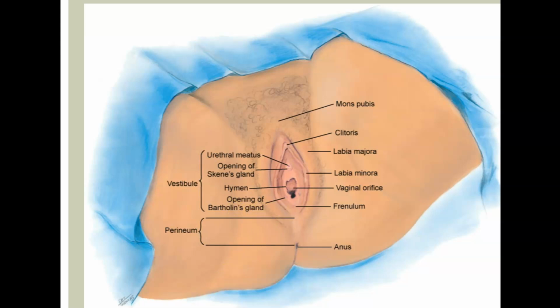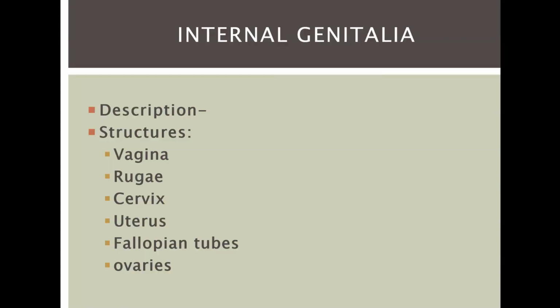And just knowing, you see right here where it says urethral meatus, that's the area where you would put the Foley catheter if you were giving somebody one. And that's the part where a lot of times people tend to go wrong. They'll put it in the opening to the vagina, the orifice, and they're supposed to be putting it up here at the urethral meatus.